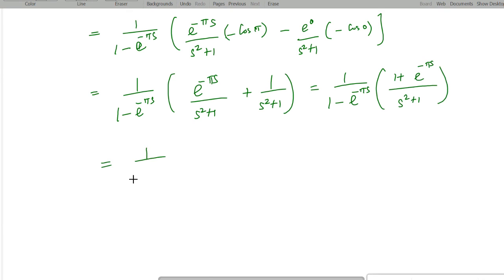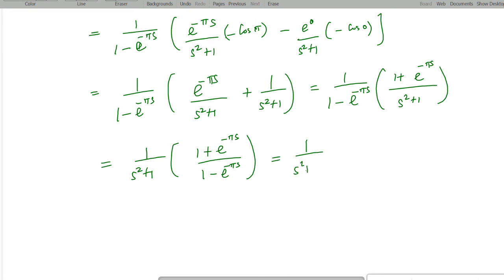So 1 by s square plus 1 into 1 plus e power minus pi s divided by 1 minus e power minus pi s. So you can take e power minus pi s by 2 as a common factor in numerator as well as denominator.